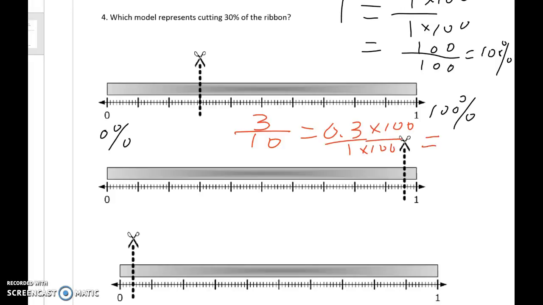So that is 30 over 100, which is 30%. So this is the easiest question. This is the answer.